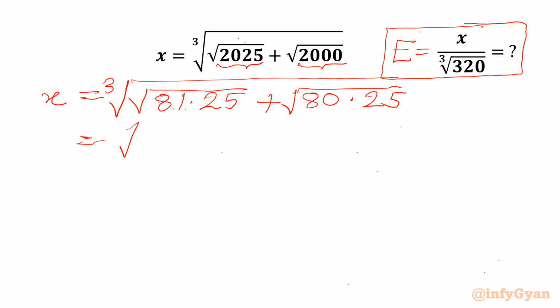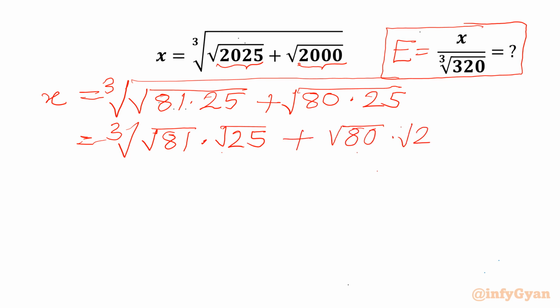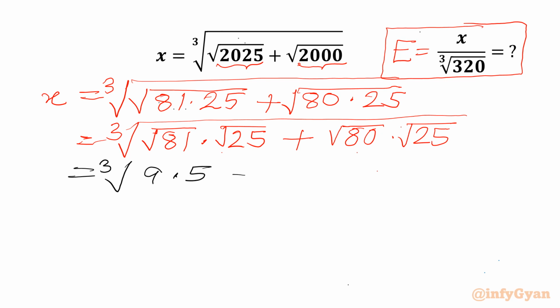Now we can write the cube root of square root 81 times square root 25 plus square root 80 times square root 25. Now square root 25 is 5, square root 81 is 9. So I can write the cube root of 9 times 5 plus square root 80, which we can factor as 16 times 5, times 5.